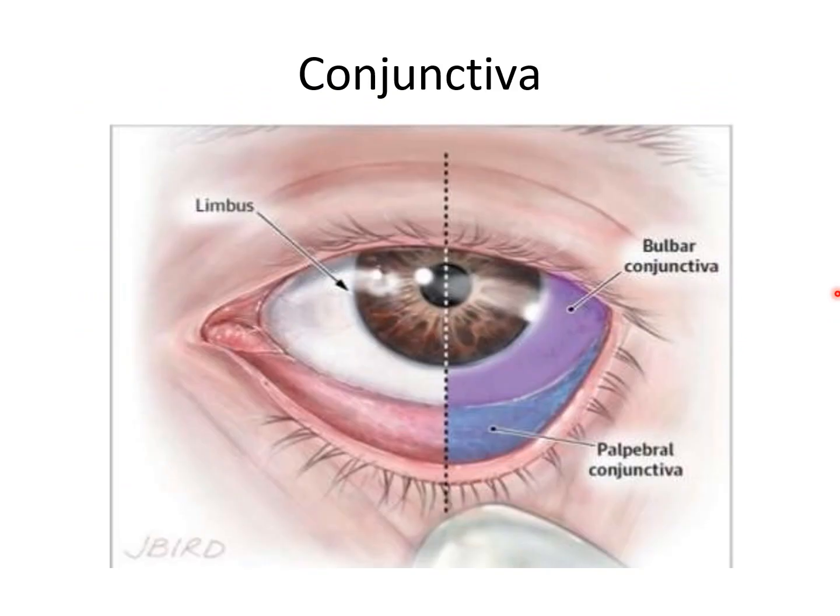In this image, you can see the difference between the bulbar conjunctiva and the palpebral conjunctiva. Both of these conjunctiva are clear. That's why when you inspect these structures, you may still see the natural color of the sclera and the lower eyelid or the inner portion of the eyelid.